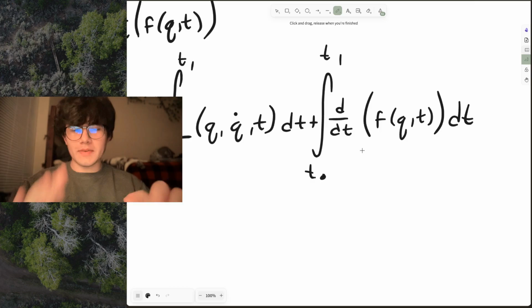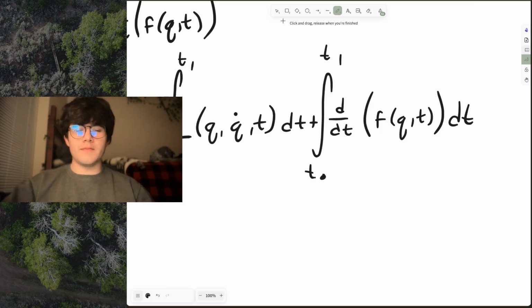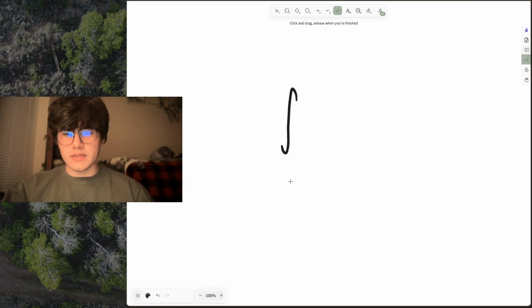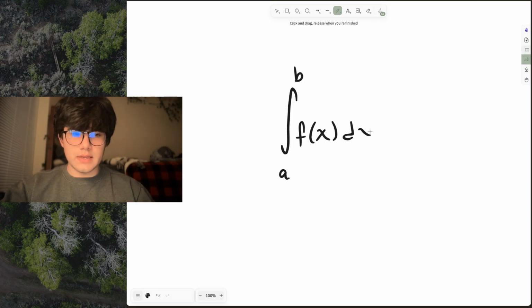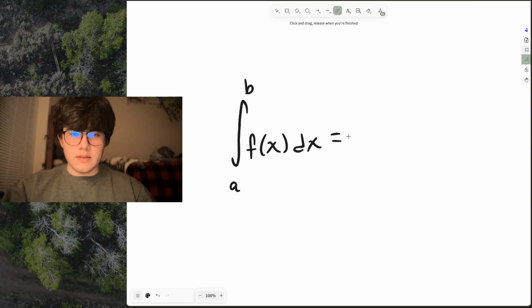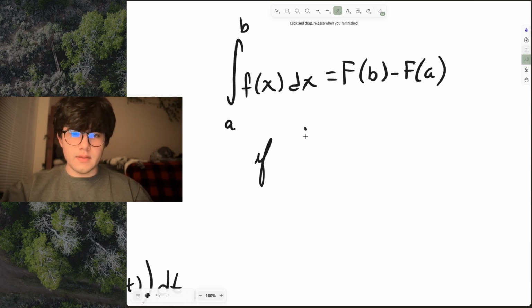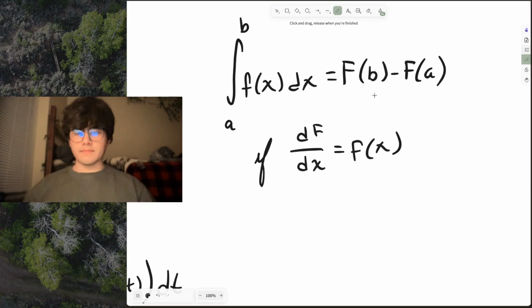So we can do something kind of interesting here. If we remember the fundamental theorem of calculus, which I'll just restate up here, that is, if we have the integral from a to b of some function f of x dx, this is the same as F of b minus F of a if the derivative of F with respect to x is f of x.